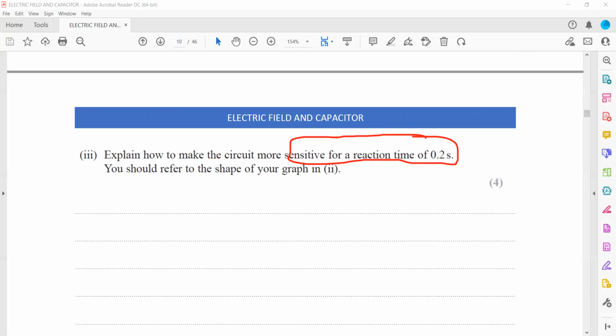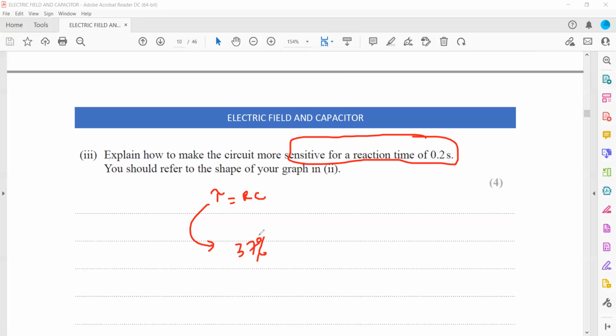if the time constant, the time constant which is a product of R and C, because if you check, the time constant is actually the time taken by the capacitor to discharge to 37% of its original value.